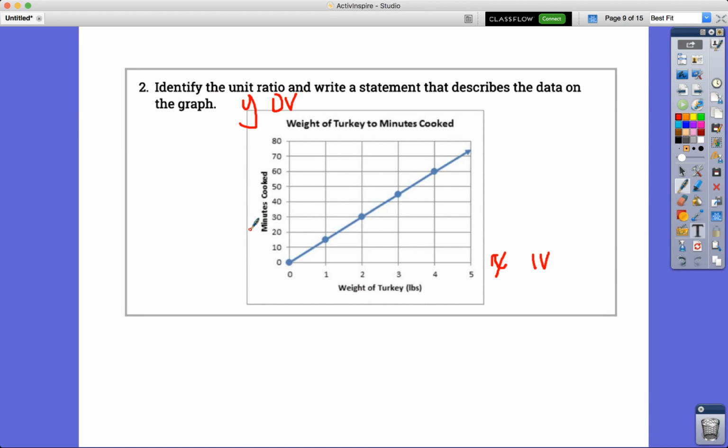So I want you to talk with your partner, and I want you to determine what the ratio is by looking at the graph and reading the graph. Be careful, because this is going up by increments of 10. This is going up by increments of 1. So make sure when you're reading your graph, you're reading it correctly.